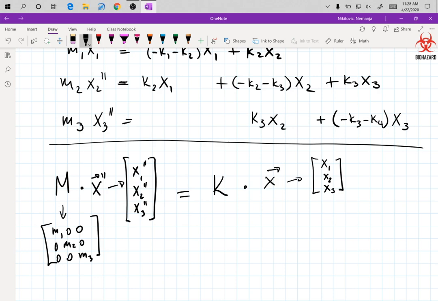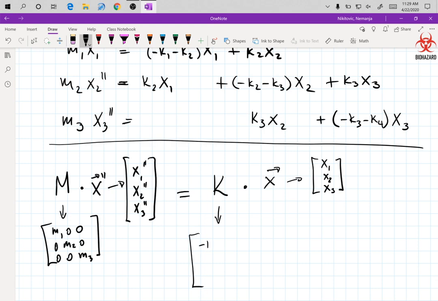By the way, k's are given to you, right? K's are numbers. You know, K1 is 3 or 100, and K2 is 1,000 or 6, right? K's are some numbers, so the whole matrix for K collapses down to a simple 3 by 3 matrix, which looks terrible, but it's simple, right?